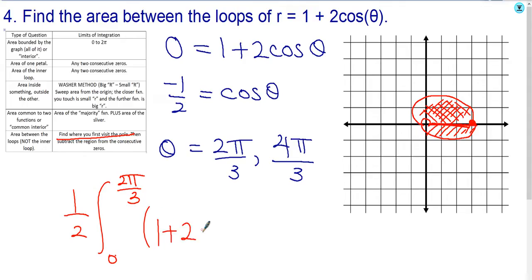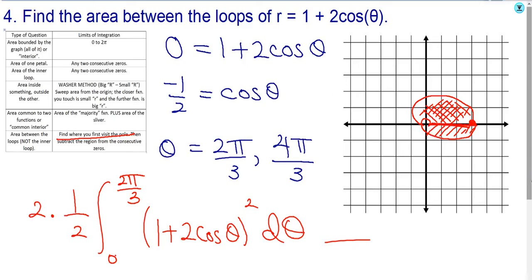of the function squared d theta, subtract, and I'm going to multiply that by 2, by the way, because this by itself, just without the 1/2, will give me the area of the top. But the top is symmetrical with the bottom, so I need twice of that.